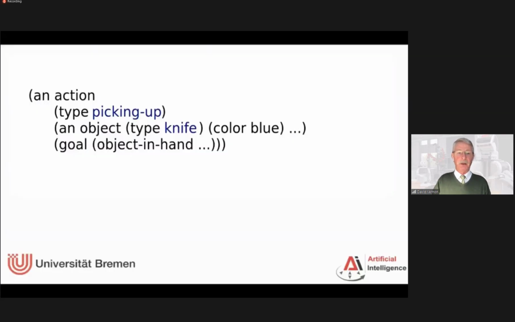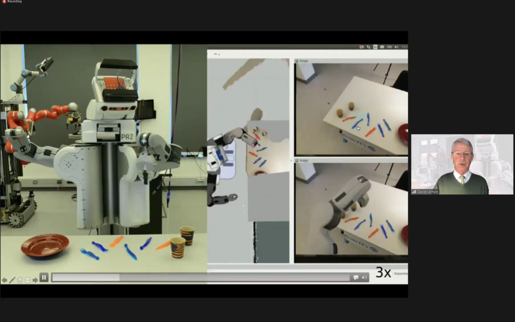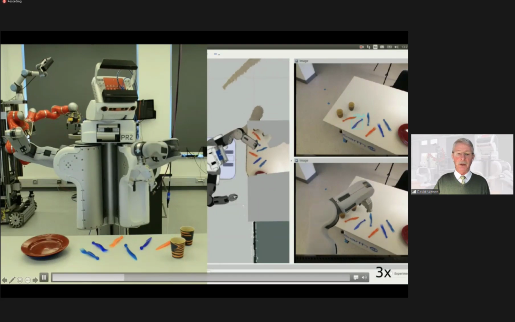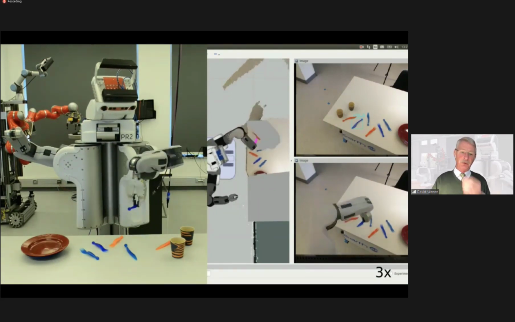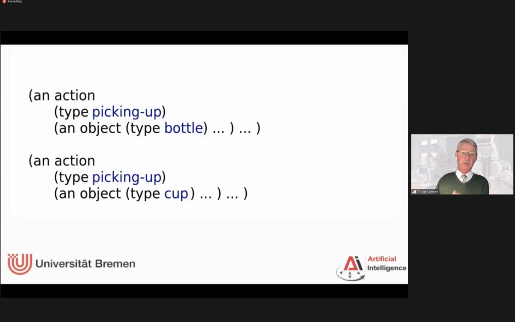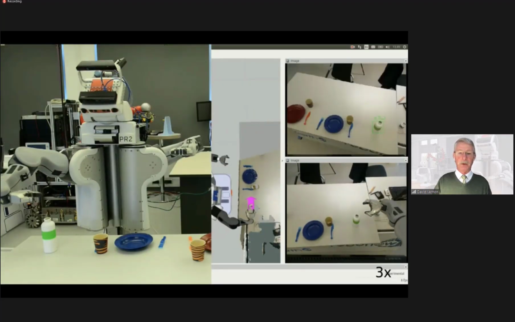This time it's picking up a knife. And if you look over here, you'll see Robot Sherlock has identified a knife. That's on the right-hand side at the top, and that allows it. So that information then is the information which is effectively provided by KnowRob or Robot Sherlock at runtime in order to resolve that designator. Another one picking up a bottle.